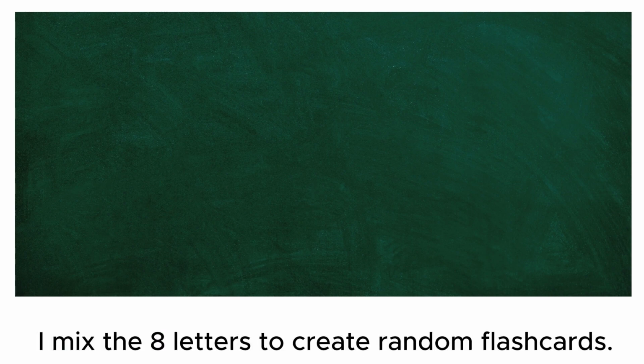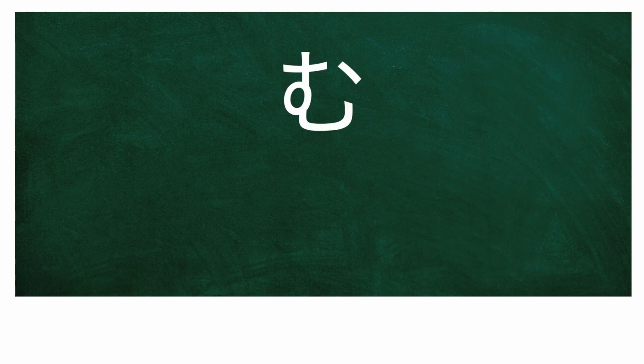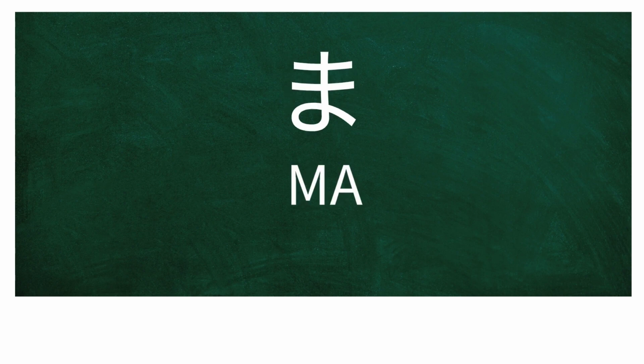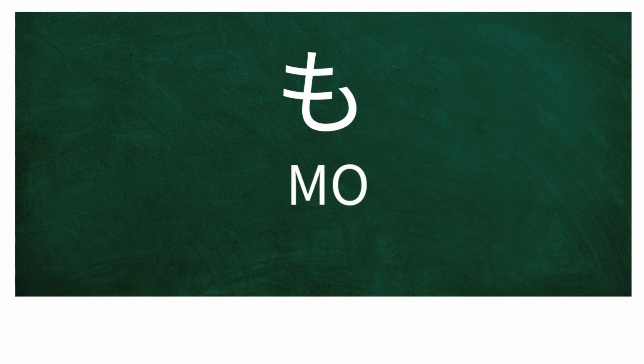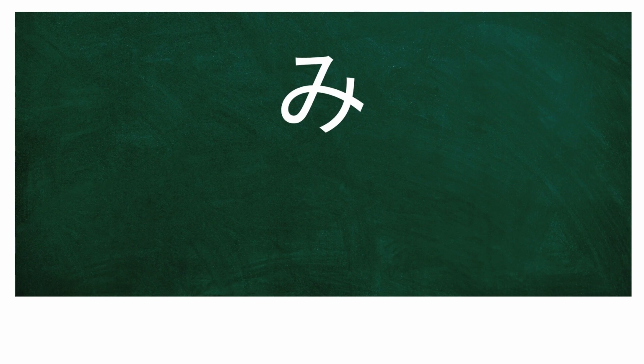Finally, I mix the 8 letters to create random flashcards. Read them aloud as quickly as possible and answer. む、ゆ、ま、め、や、も、よ、み。 Good luck.